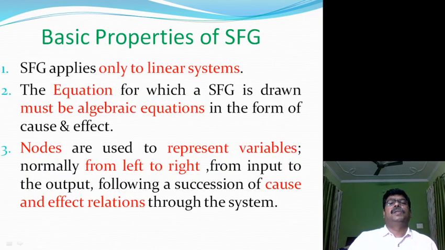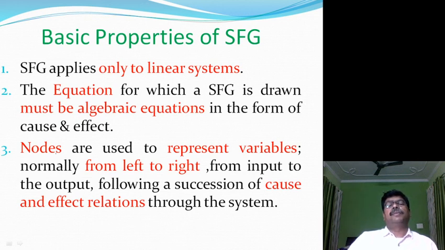Now basic properties of signal flow graph. As we have discussed, signal flow graph is meant for linear algebraic equations. So SFG applies only to linear systems. This is the first property. Second property is the equation must be an algebraic equation in the form of cause and effect.